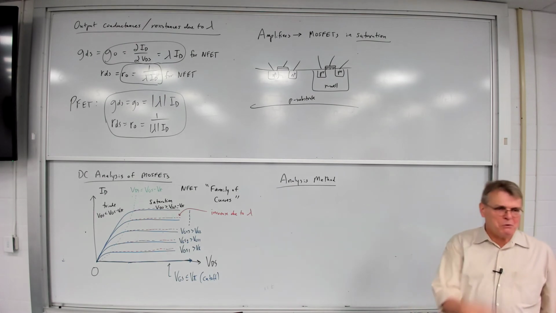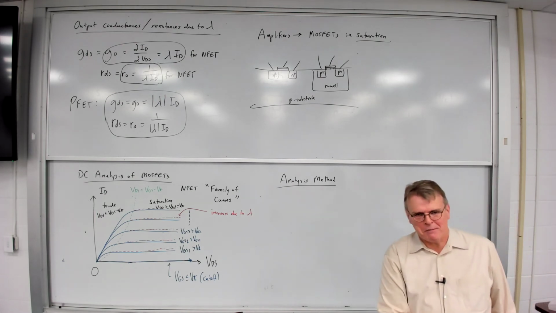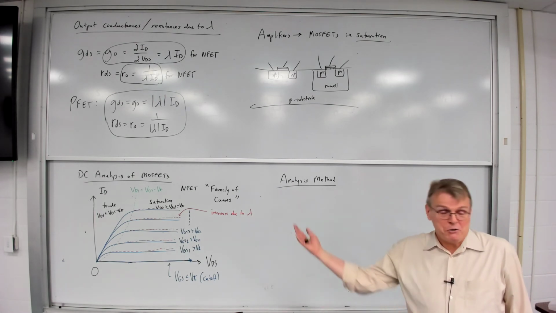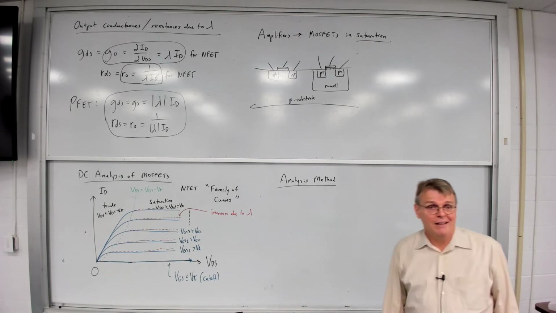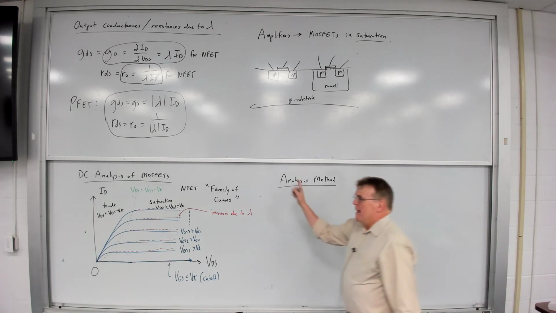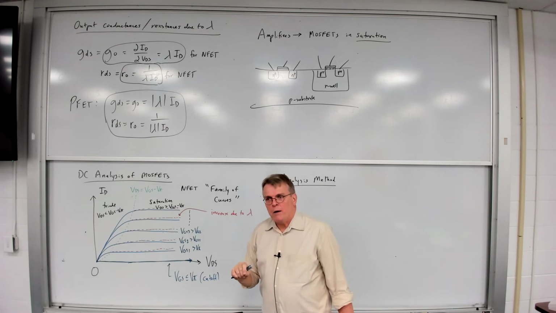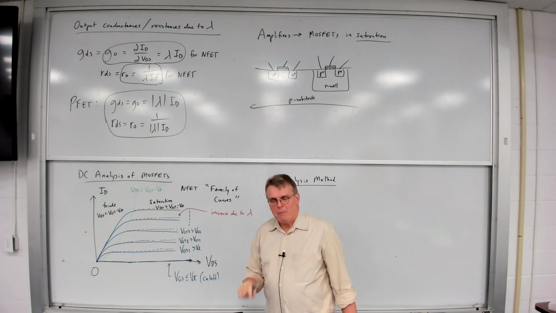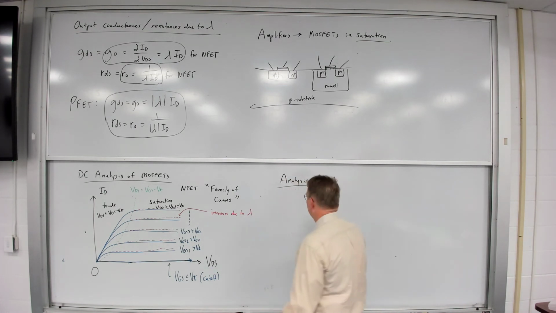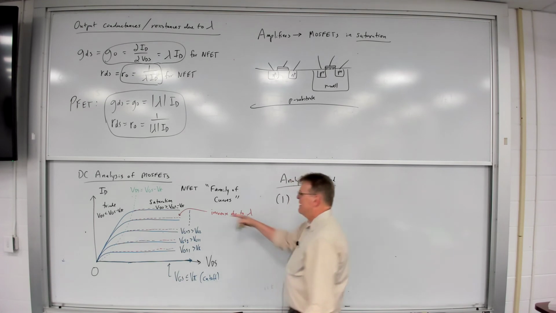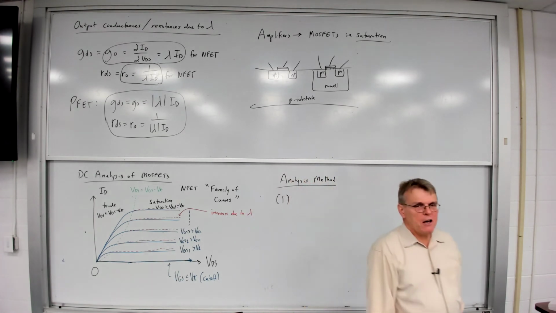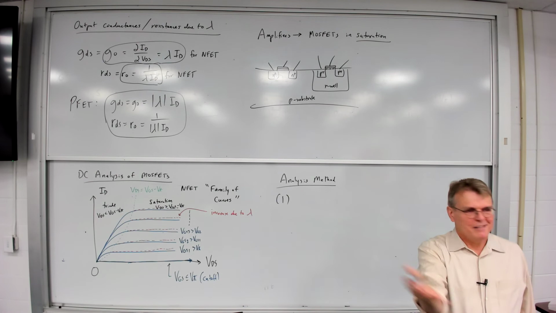Well, when you get more experience, sometimes yes, but most often no. So if I'm going to use the correct equations for the drain current, I have to know the operating condition. So if the operating region is not known, what do we do? Make an assumption.